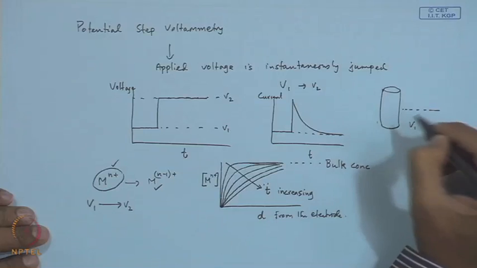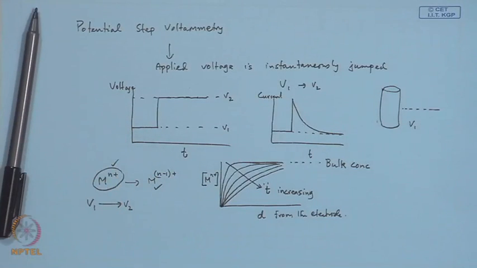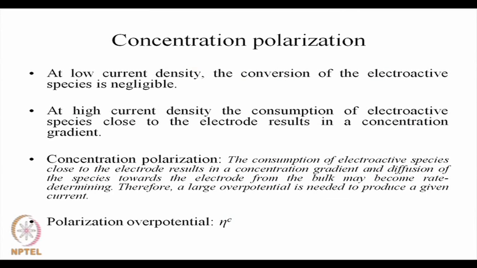So, there is a huge concentration gradient when current density is quite high, and this results in concentration polarization. The consumption of electroactive species close to the electrode results in a concentration gradient, and diffusion of species towards the electrode from the bulk may become the rate limiting process.